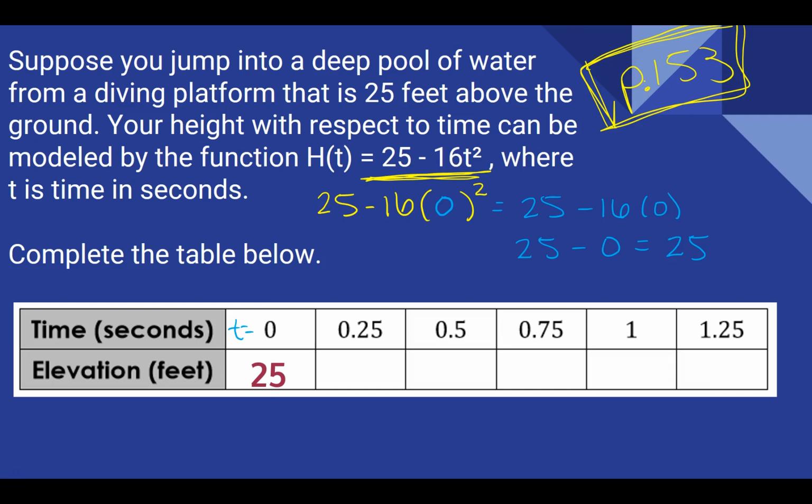So it makes sense that we start at 25 because the diving board where he jumps off of is 25 feet off the ground. All right, what value are we going to plug in next? 0.25 is going to get plugged in next. What is 0.25 squared?